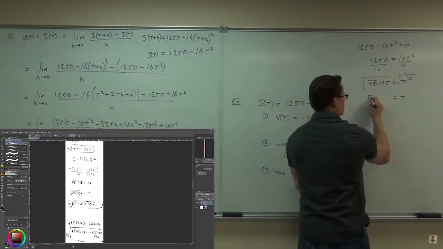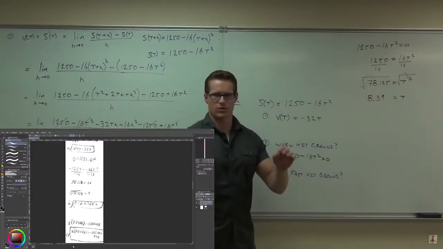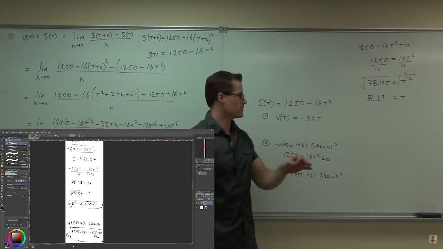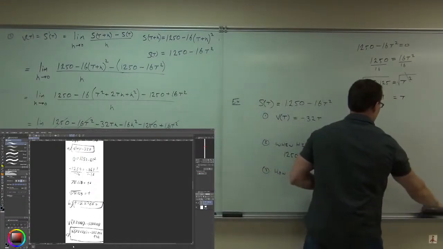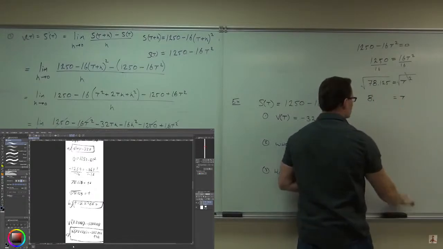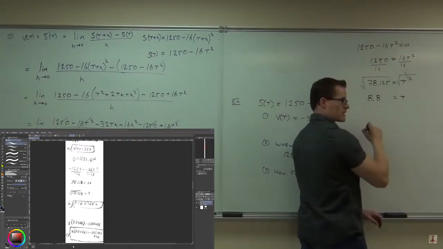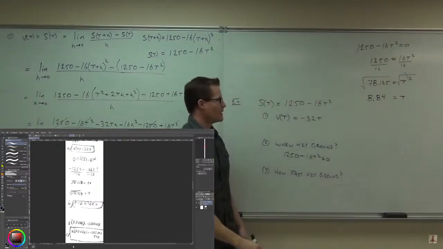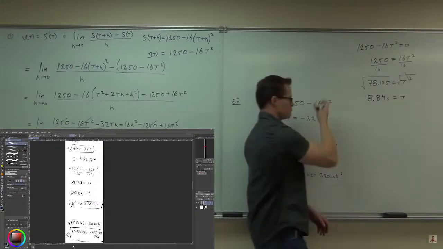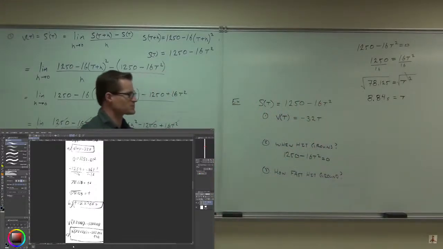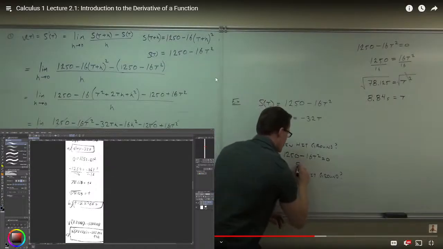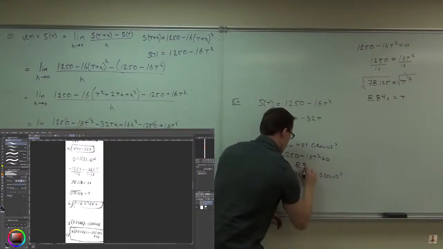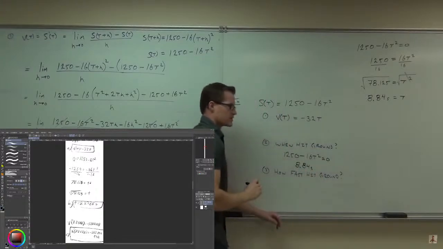So let's do 8.84 then. That sounds good. All right, very good. Seconds, because I'm assuming this is in seconds. So when will it hit the ground? It's going to hit the ground after 8.84 seconds.